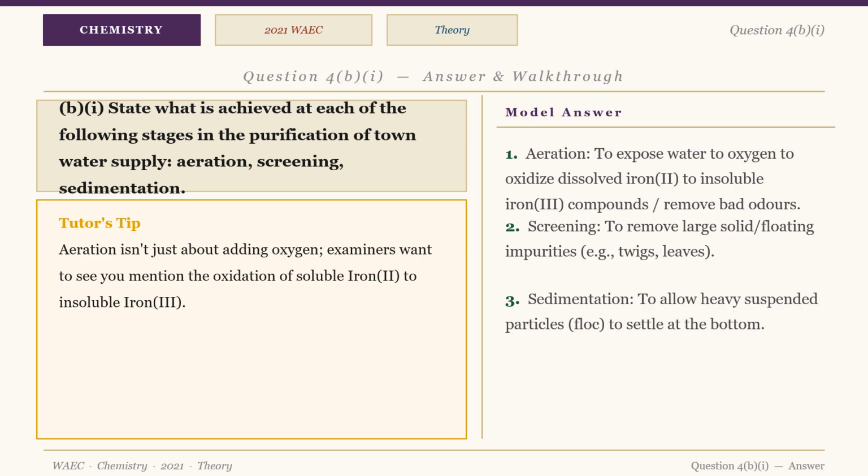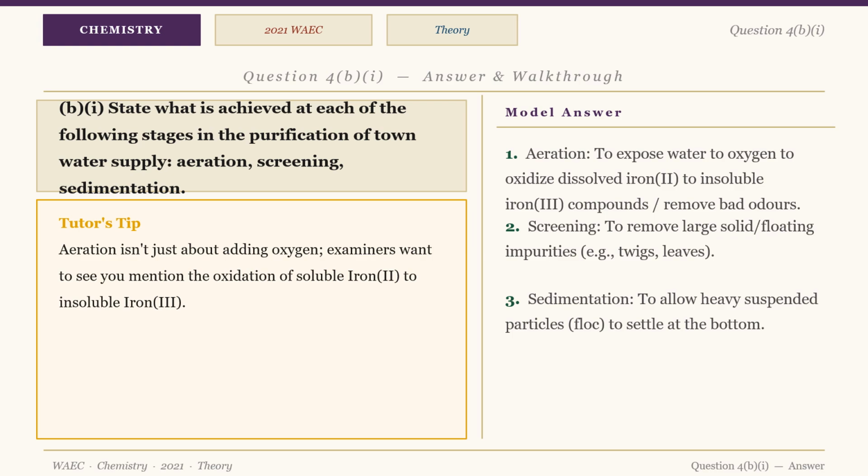While screening is to remove large solid floating impurities. So these are the ones that float, so they will remove them, like twigs or leaves. And sedimentation is to allow heavy suspended particles called floc to settle at the bottom.